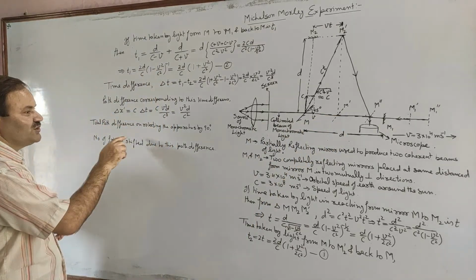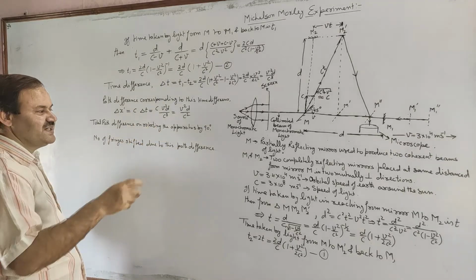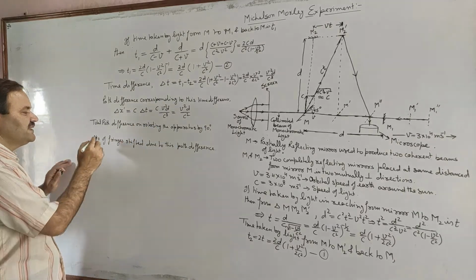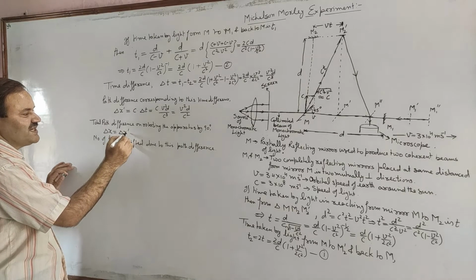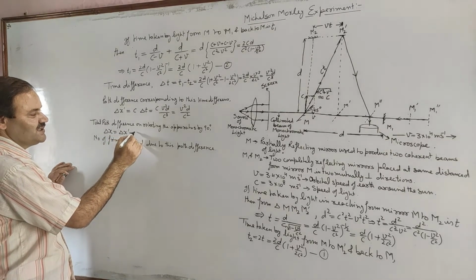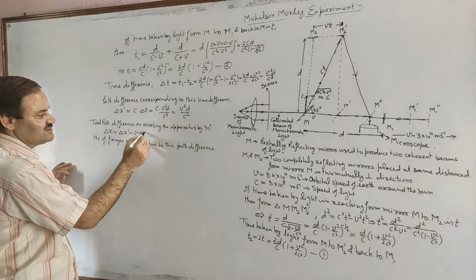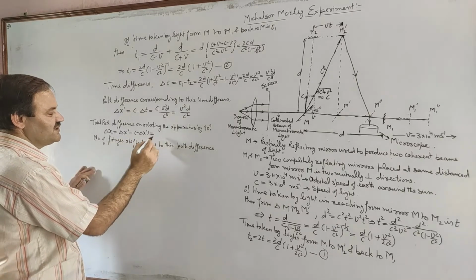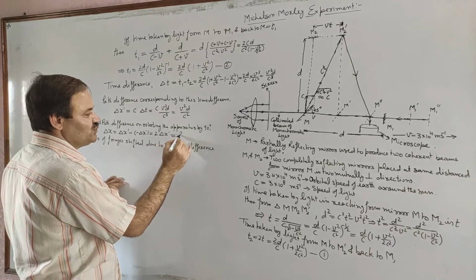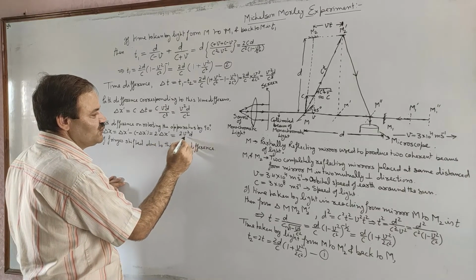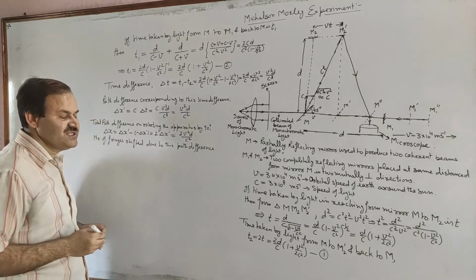Hence the total path difference on rotating the apparatus by 90 degrees, delta x, will become delta x dash minus minus delta x dash, that is twice of delta x dash, equal to 2v square d upon c square.